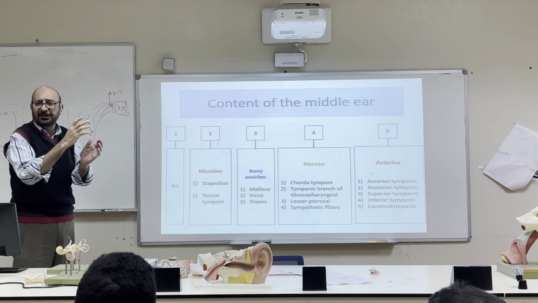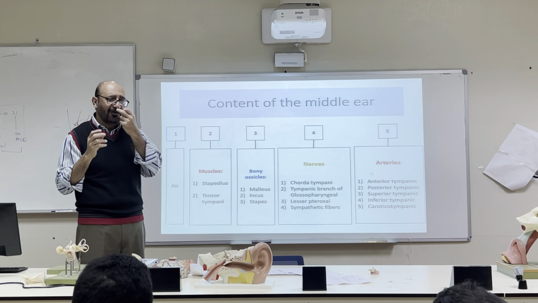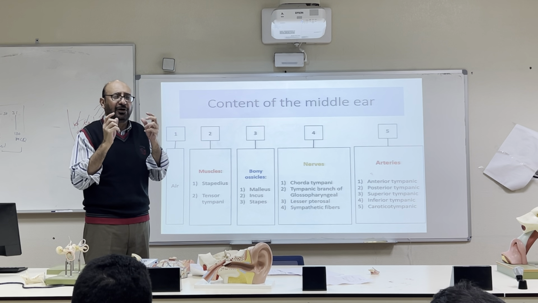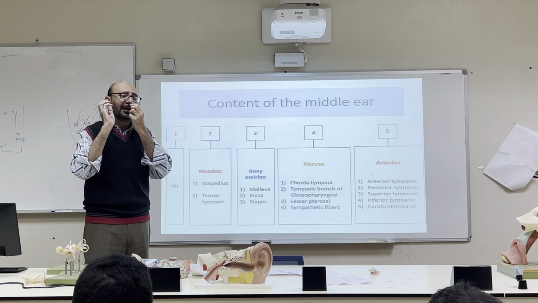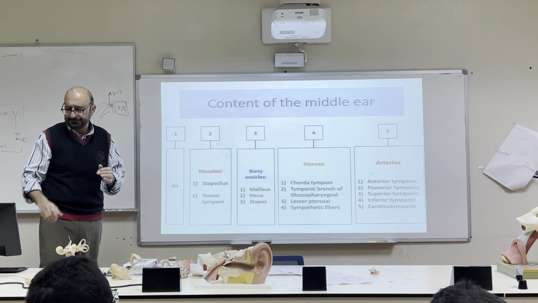And that is the reason I told you, when you have longer flights or you have flu, you have blocked ears because the Eustachian tube is blocked and a pressure difference is created. That is the reason. Clear? Clear.